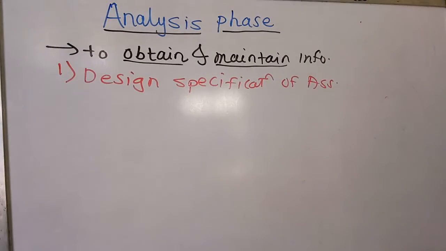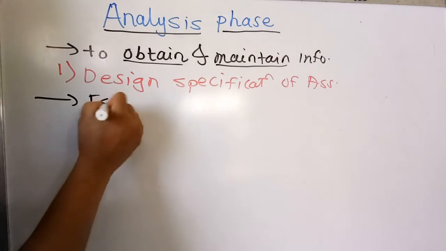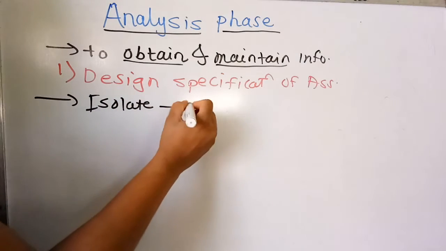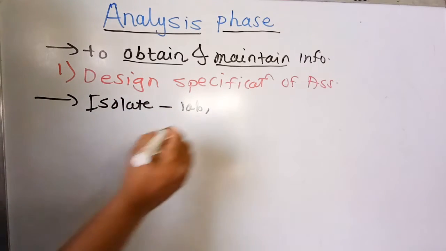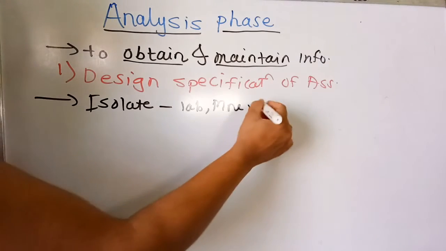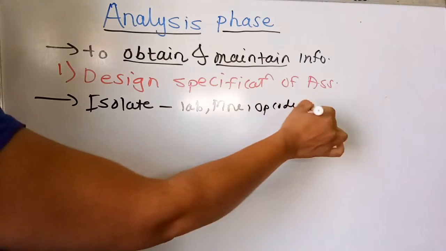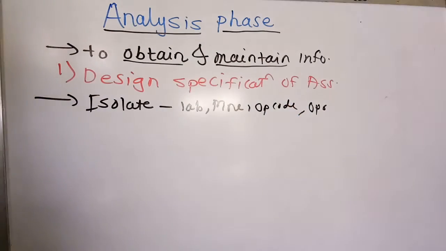Actually, how to design an assembler in terms of obtaining any code. So firstly, isolate the labels. Isolate how many things? Label, then mnemonic, then opcode, and the operand fields of the statements.